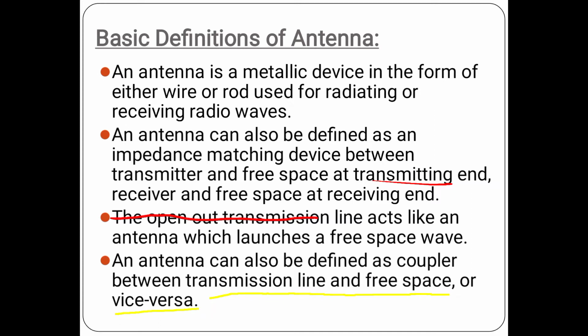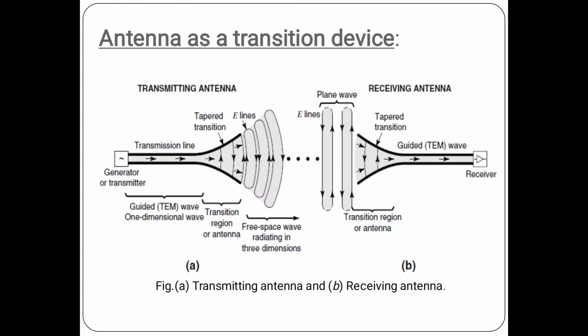Okay, next let's see the structure of an antenna. Here observe, the antenna is a transition device. In this diagram, this is the transmitter antenna and this is the receiver antenna. Both are identical antennas. In order to transmit the radio waves, we need to apply a voltage.